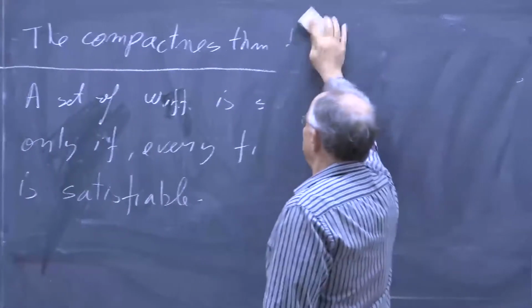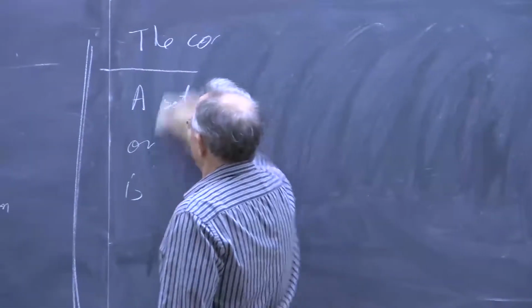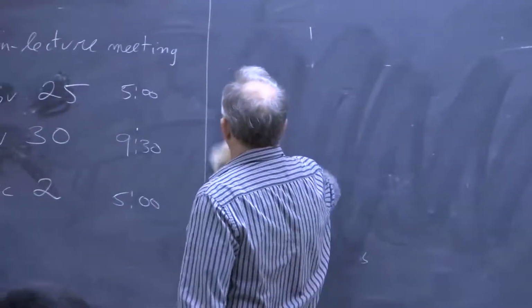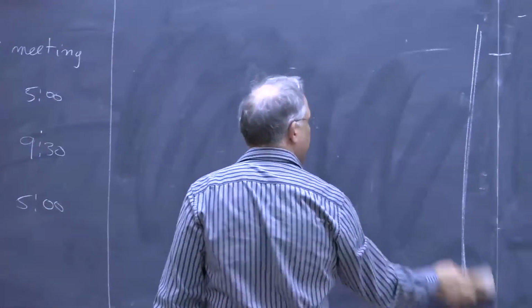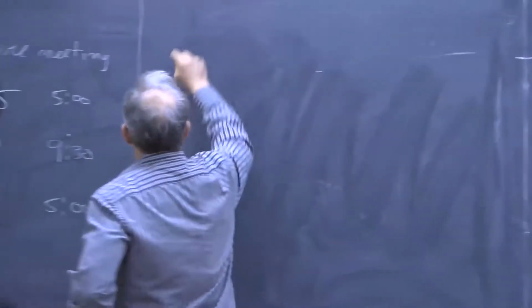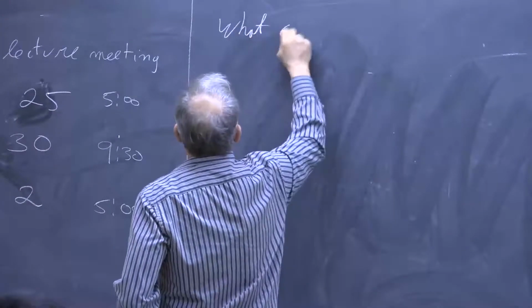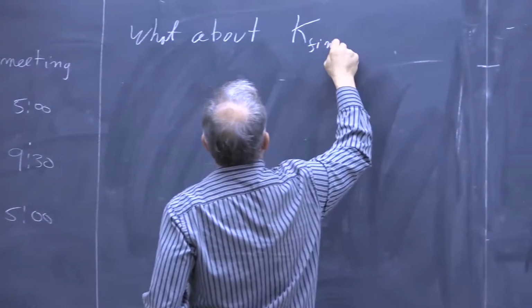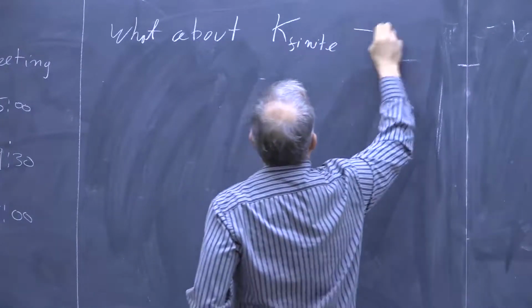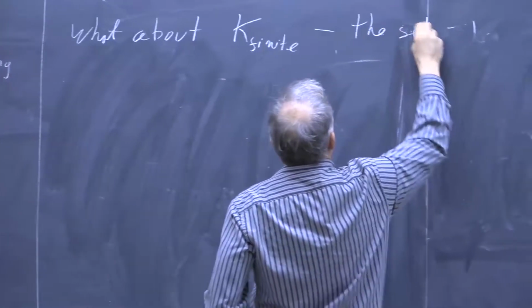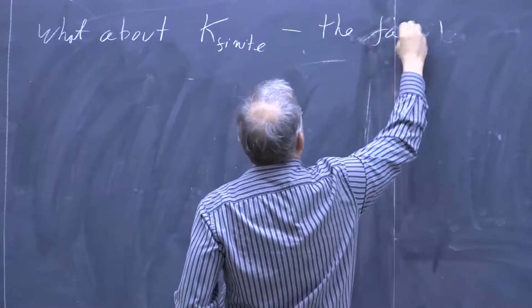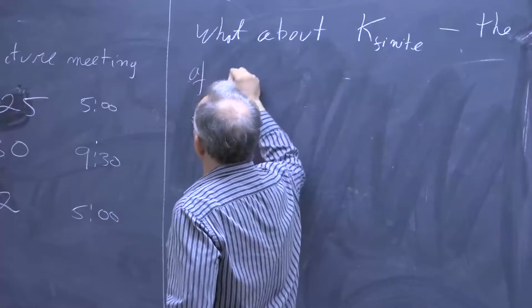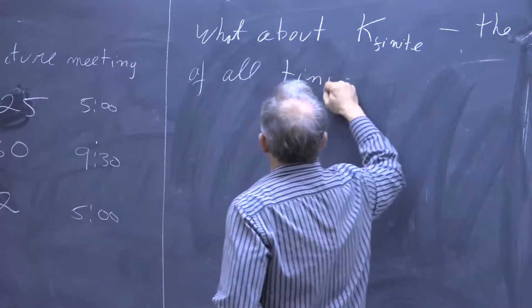So now let us consider a family of structures that look very similar. What about K finite, which is the set or family of all finite structures?